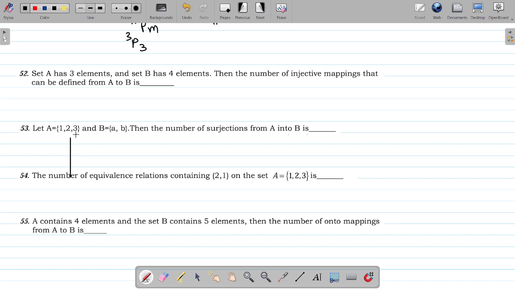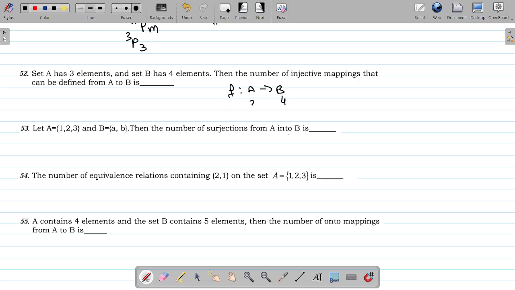Next, question number 52. Set A has 3 elements and B has 4 elements. You have to find the number of injective mappings that can be formed from A to B, f from A to B. Cardinality of the codomain is 4.